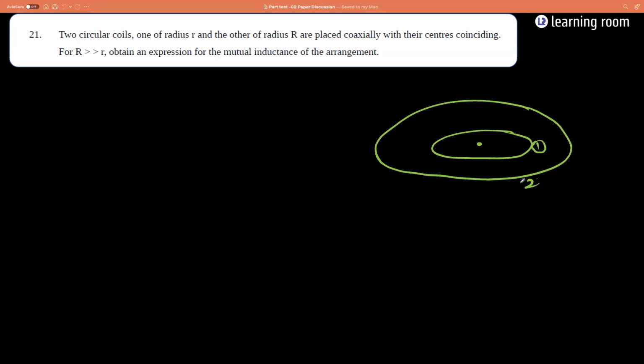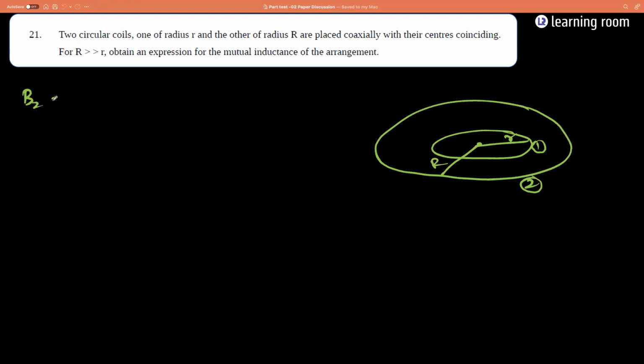So if this is 1, this is 2, this is capital R, this is small r.